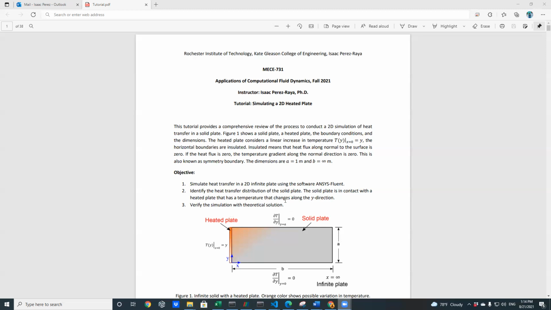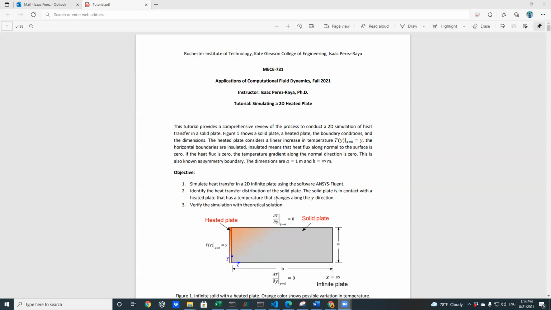Now, the horizontal boundaries are insulated. Insulated means that the heat flux along the normal surface is 0. If the heat flux along the normal surface is 0, then it means that the temperature gradient along the normal direction is 0.